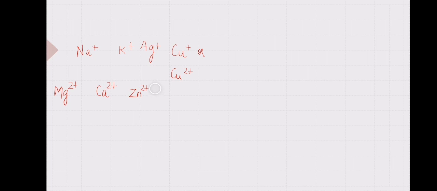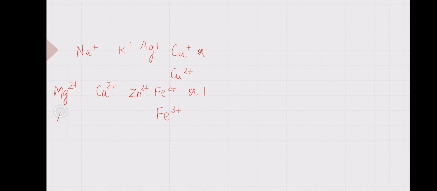For iron, Fe2 plus. And for copper, already we have discussed that copper has two types of valencies. Either it can be plus 1 or it can be plus 2. Whereas for iron, it can have two valencies. Either it can have Fe2 plus or Fe3 plus.